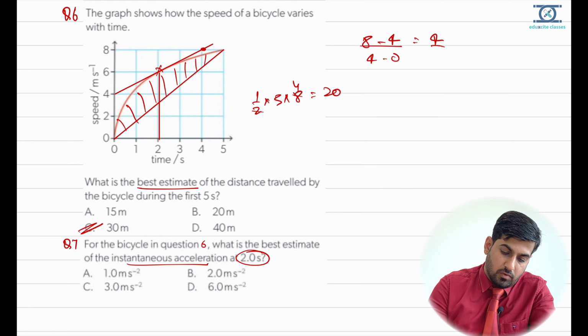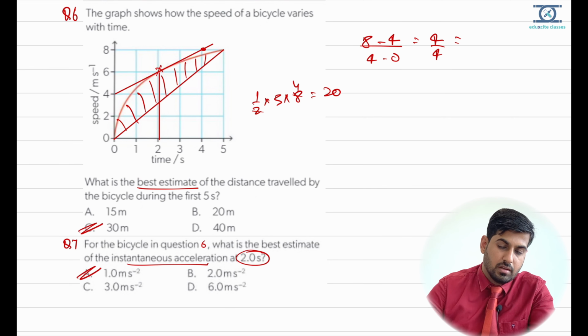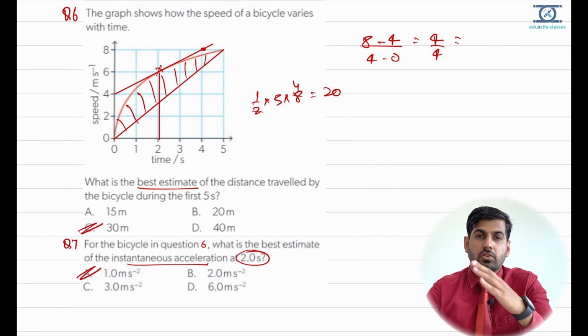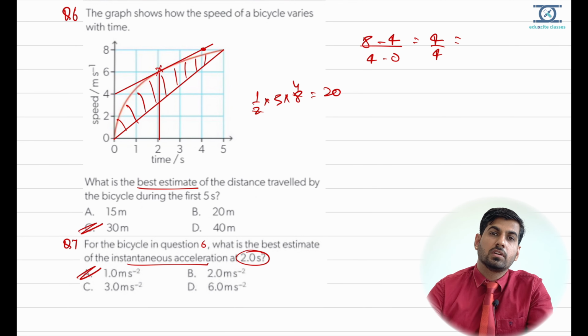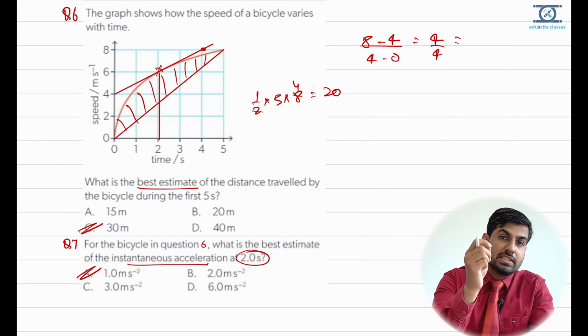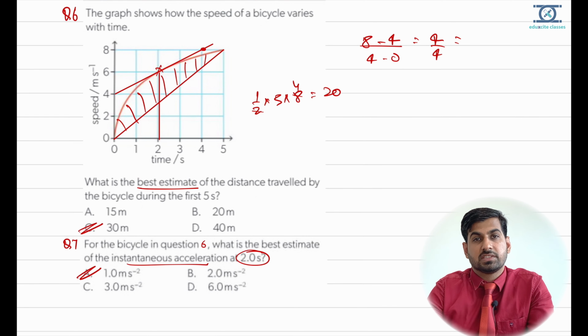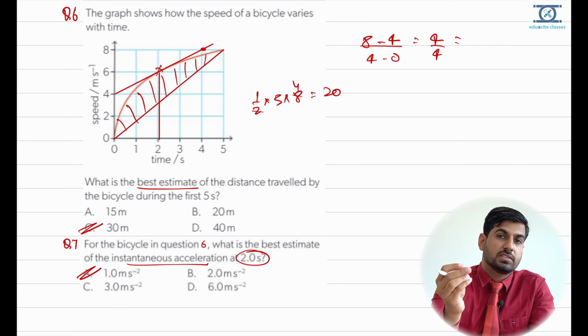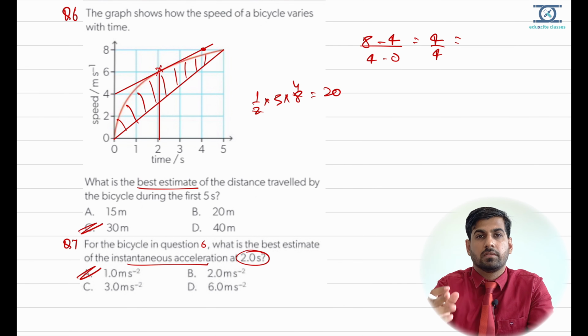So this will be 4 by 4, which is 1. So option A is the right answer. Just draw the tangent and find out the slope of the tangent. That will be your answer for the acceleration at that instant of time if a velocity versus time graph is given to you. You can use the same method for displacement versus time, or distance versus time, to find out the instantaneous speed if it is a curved line.